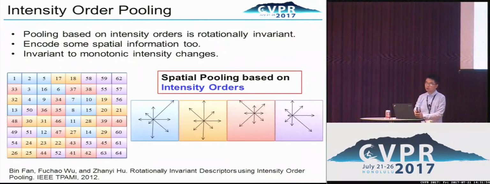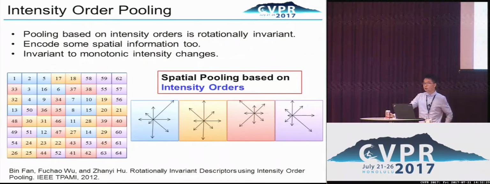Then, for each of the subregions, the pixels' low-level features are accumulated to obtain a histogram, such as the histogram of gradients. Then these histograms are concatenated together and normalized to form the descriptor. As shown in the figure here, each color represents such an intensity order-based pooling region.